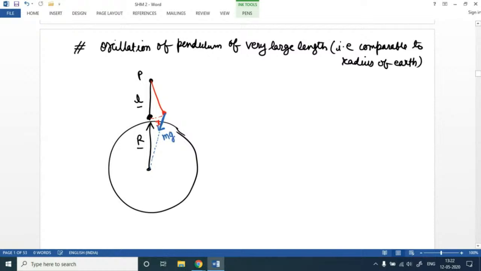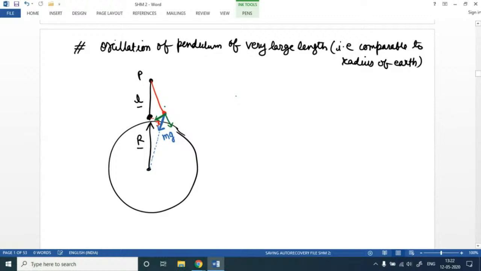So this is mg, and let's say the value of g is not varying much, we are assuming that. Now we resolve mg into two mutually perpendicular components, one along the string and the other tangential to that curved path, or perpendicular to the radial direction.